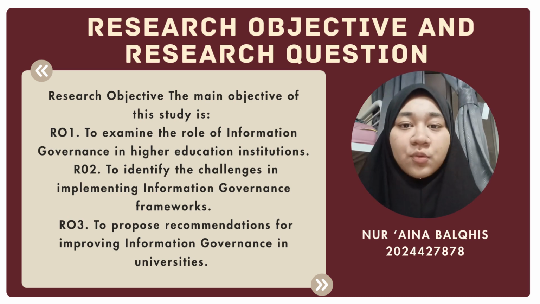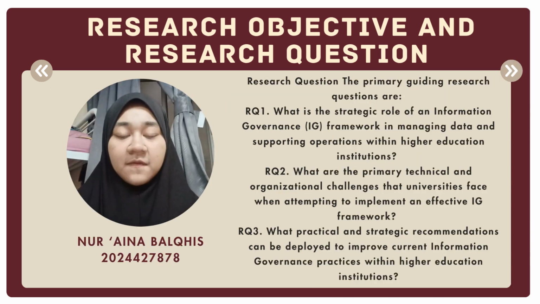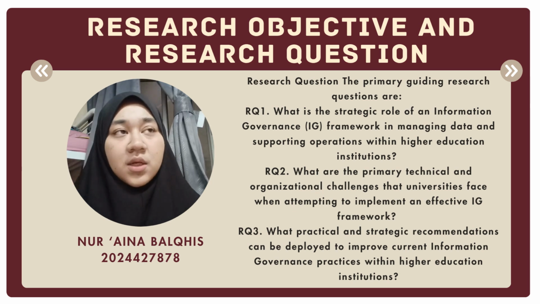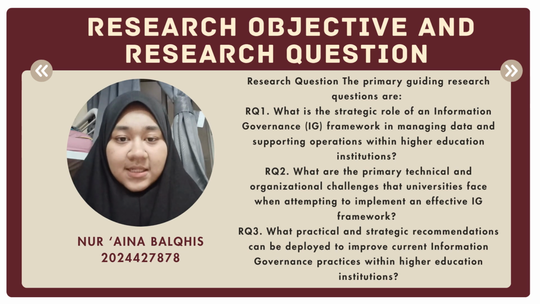And the third is to propose recommendations to improve current IG practices. Based on these objectives, the research questions focused on understanding how IG supports university operations, what challenges universities face, and what strategies can be used to improve information governance practices.